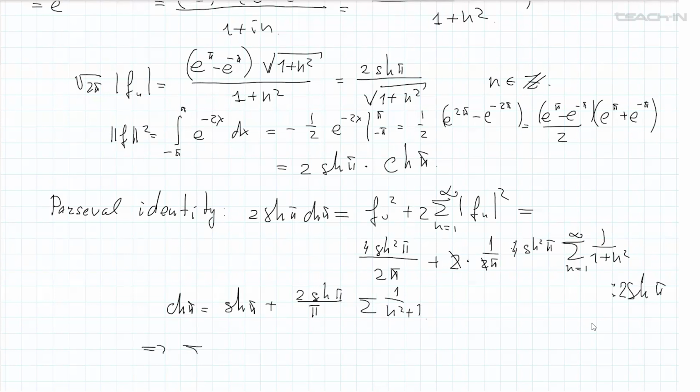And finally, we obtain the hyperbolic cotangent of pi minus. That's all.